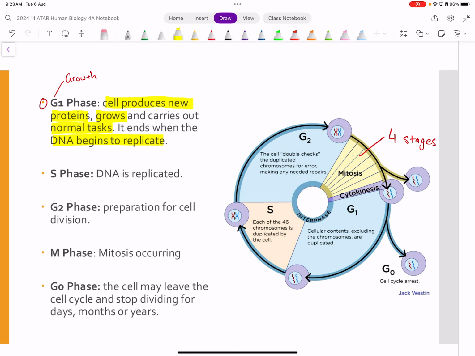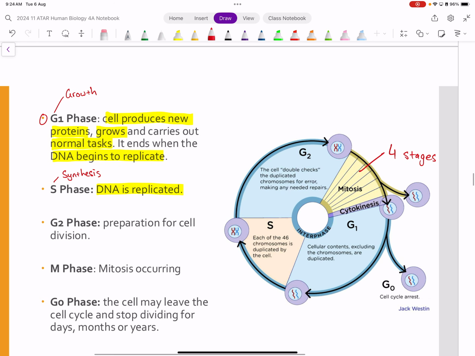Our next phase is the S phase. And my S here stands for synthesis. Synthesis is a fancy word for creation, and the reason that we call it the S phase is because our DNA is being replicated. We spoke about that at the end of our green booklet, where we take one long piece of DNA and we can turn it into 2 identical copies.